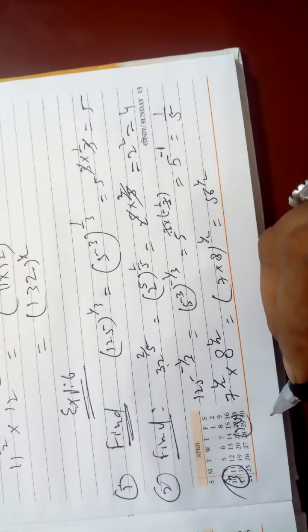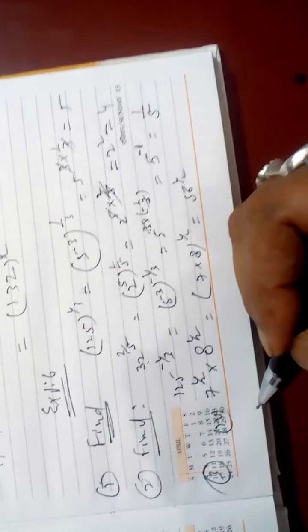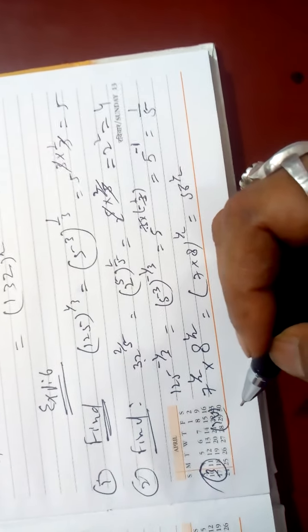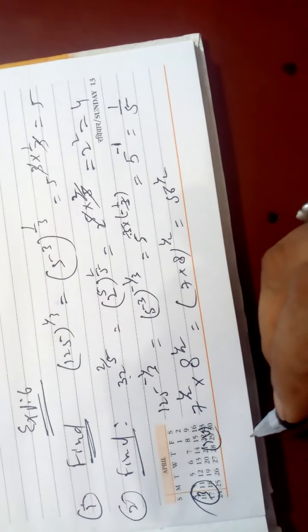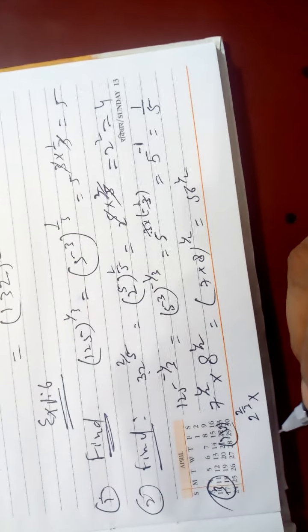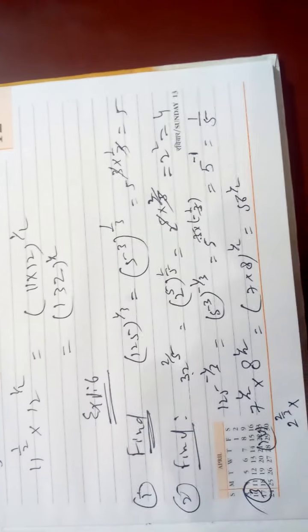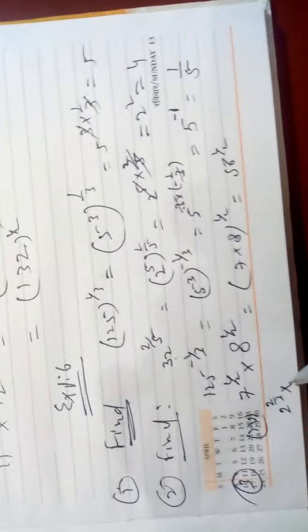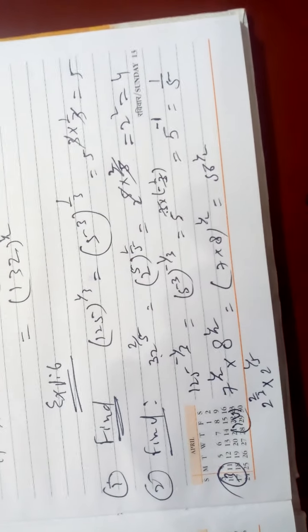Any other part, if you take them all the same, most probably the first part is 2 power 2 by 3 multiplied by 2 power 1 by 5.